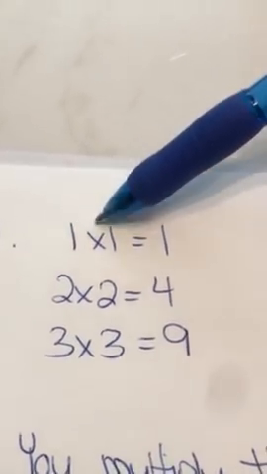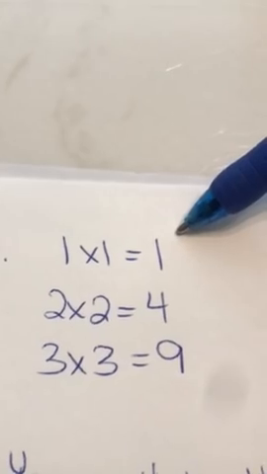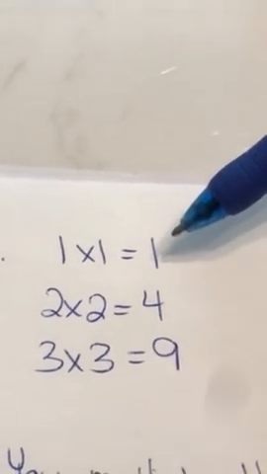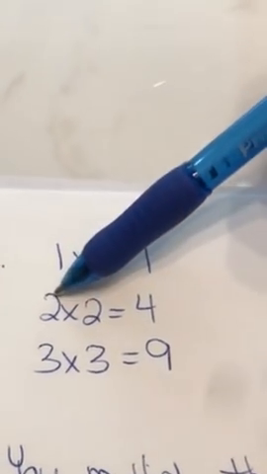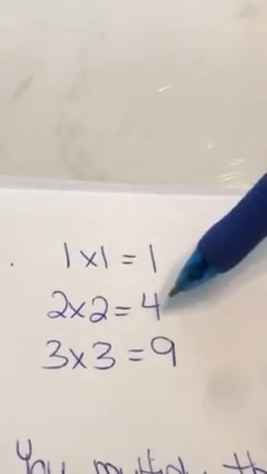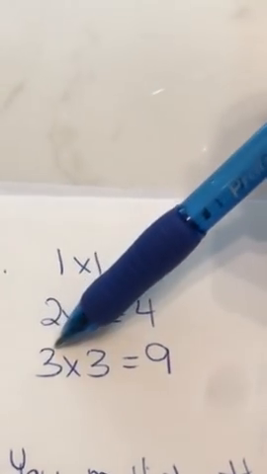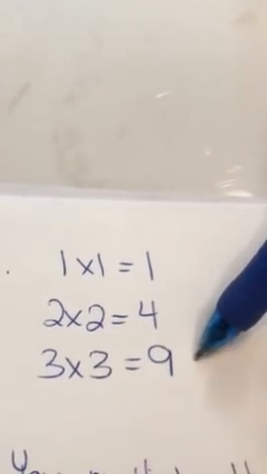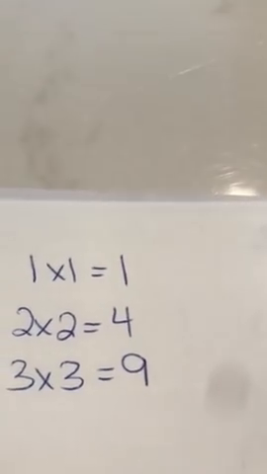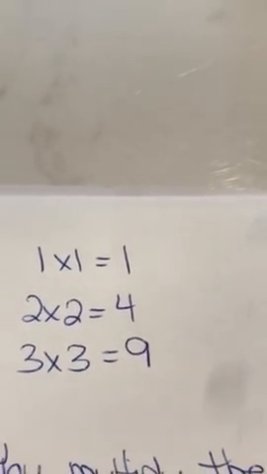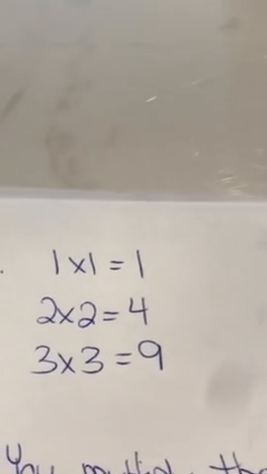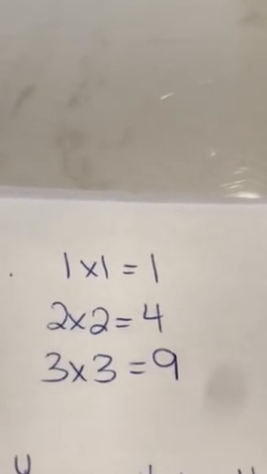There's figure 1 times itself gave me 1 square. So we're writing this down under D. There's figure 2 times itself, we have 4 squares. There's figure 3 times itself, we have 9 squares. So this is an example of applying the rule, showing it in an equation, making sure that it works.